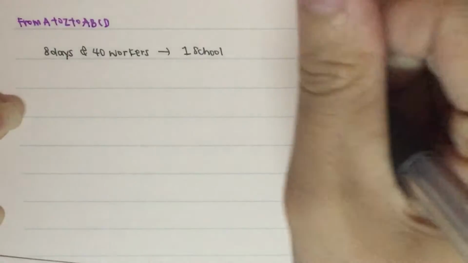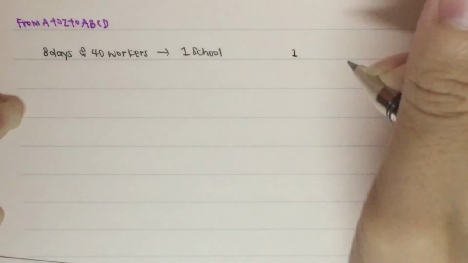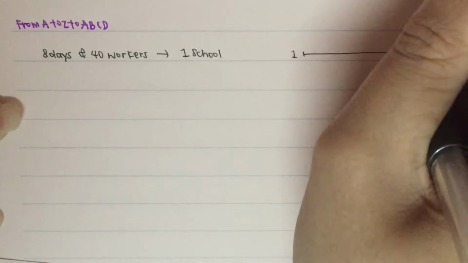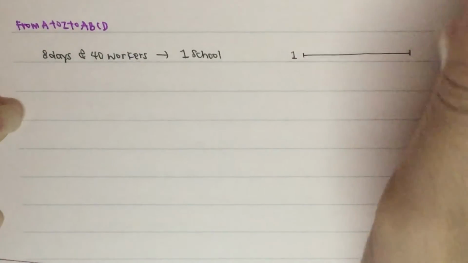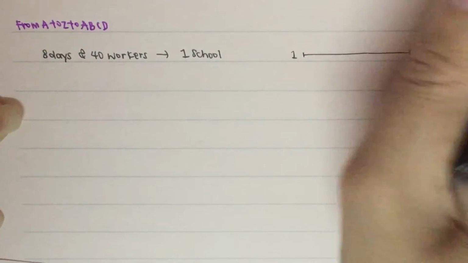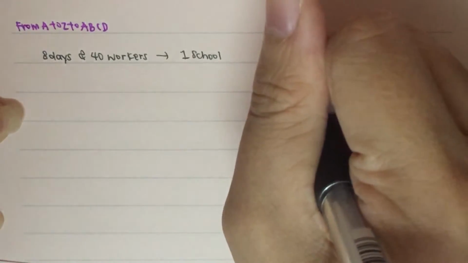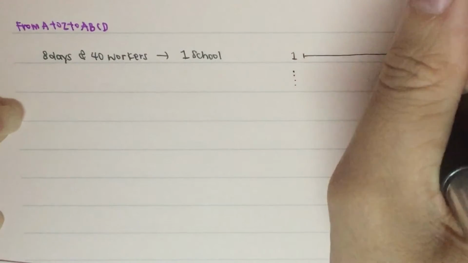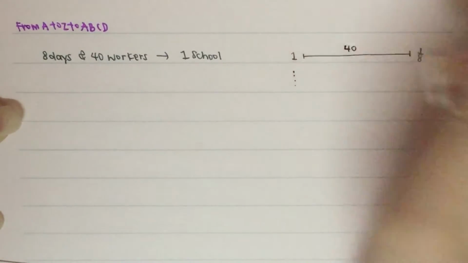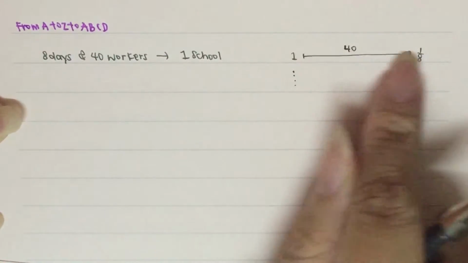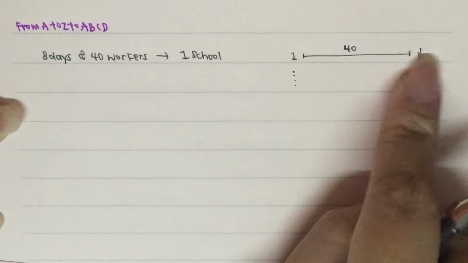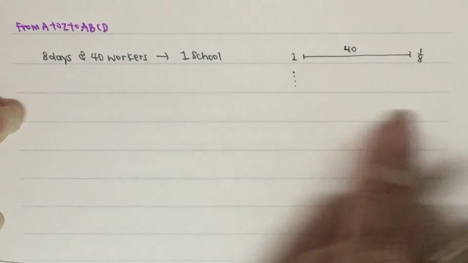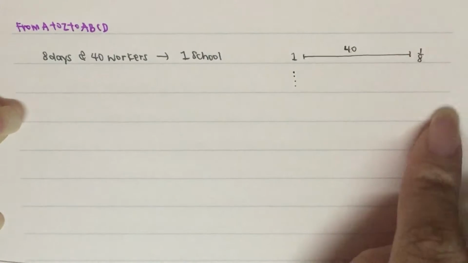For example, on the first day, 40 workers will paint this portion of the school, and it will be 1/8 of the whole school. Then on the 8th day, every day will be the same. This is for 40 workers. So one day, 40 workers will paint 1/8 of the school. They will paint an equal share. So you take 8 days to complete 8 units of 1/8, which is the whole school.